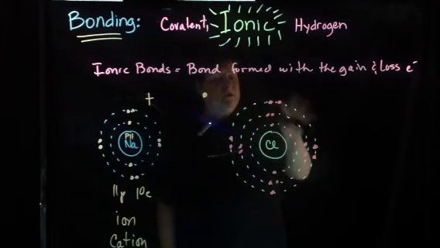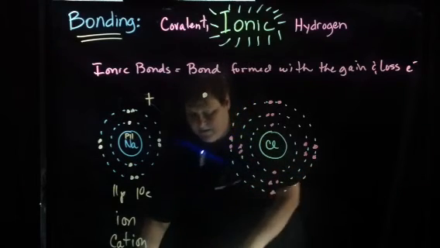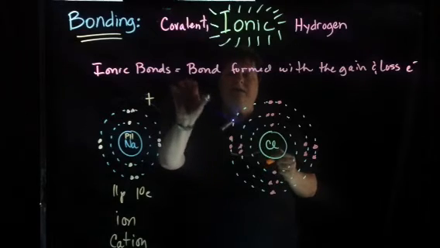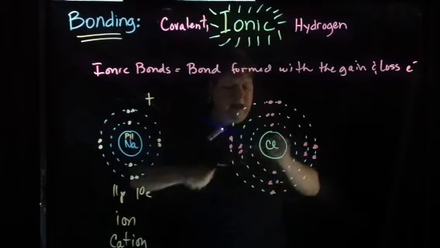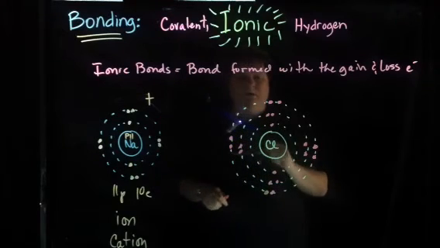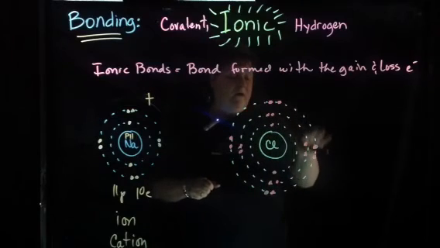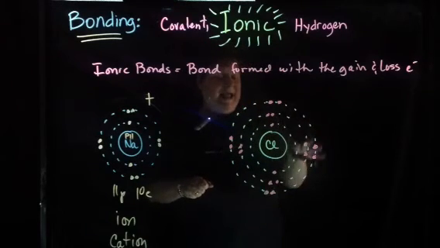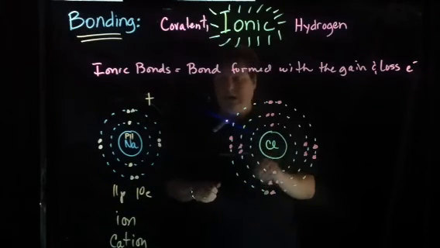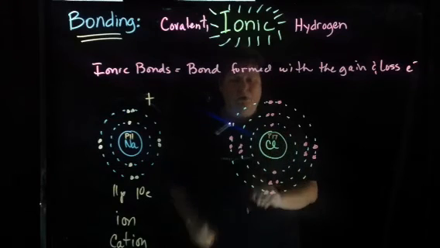So because we want to fill this, chlorine is very willing to pick up this electron that's sitting out here and bring it into its own orbital. And now our orbital is filled. We have our valence shell with 8 electrons in it. Here again, chlorine has 17 protons.